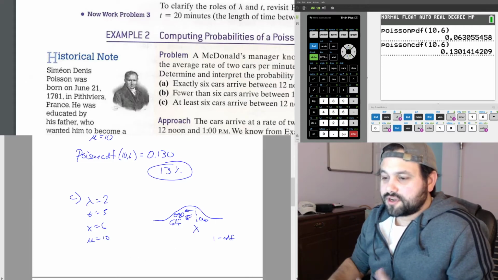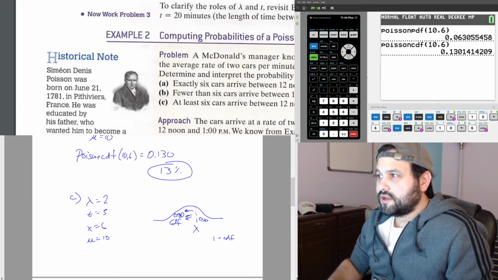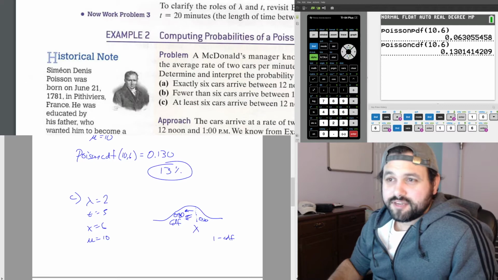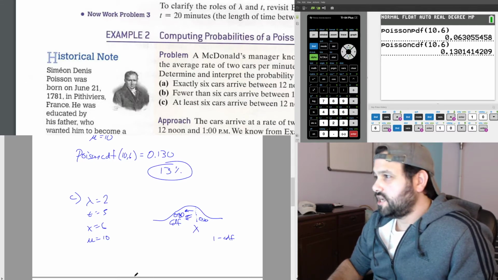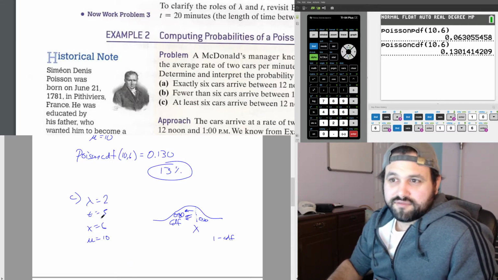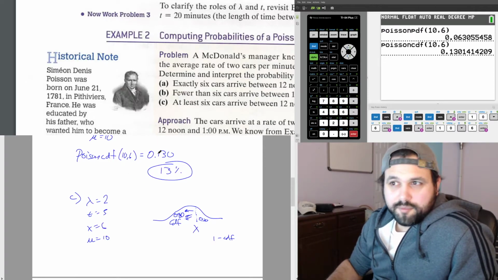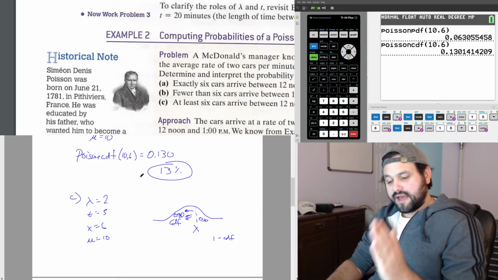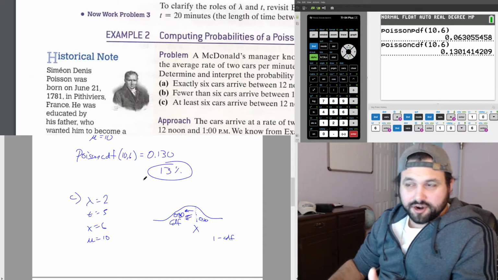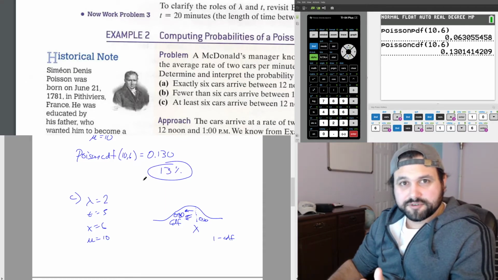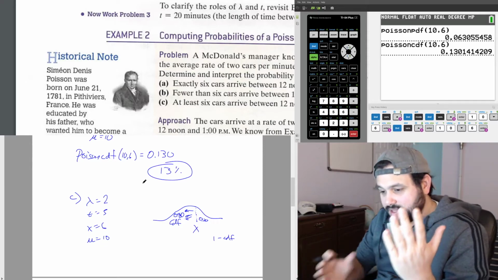So for part C, we're going to do the CDF, which is what we already did in part B, right? Because we didn't change any of these values. So we know from part B that less than 6 cars is a probability of 13%. And so what's the probability of 6 or more?